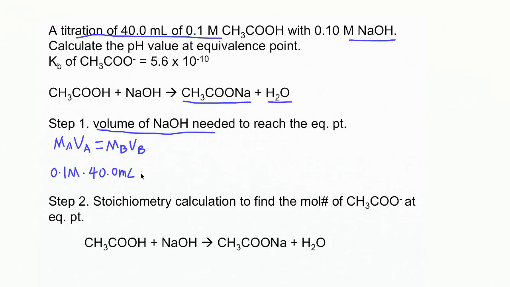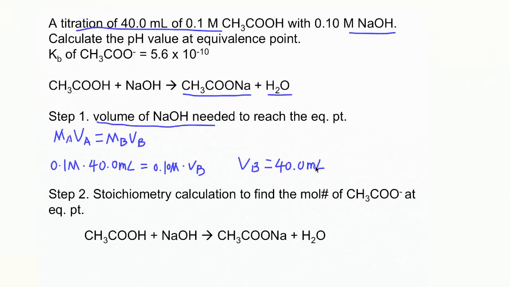But it won't hurt you if you convert the ml to liter, and you will get the same answer. MB is 0.10 mole per liter times VB. If you do the calculation, VB would be 40 ml. Step 1 done.